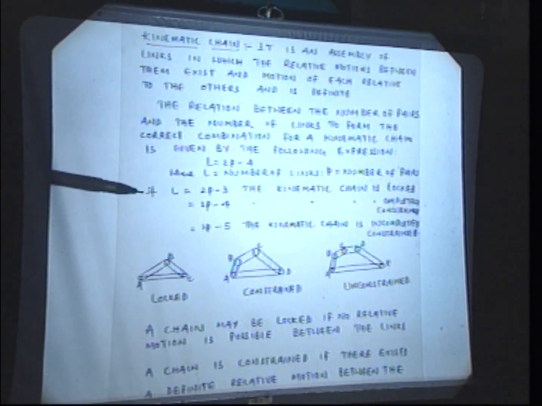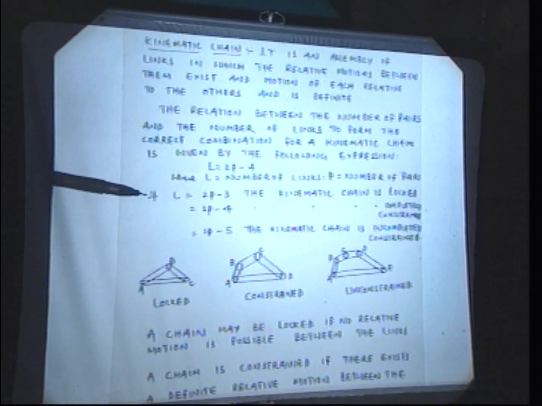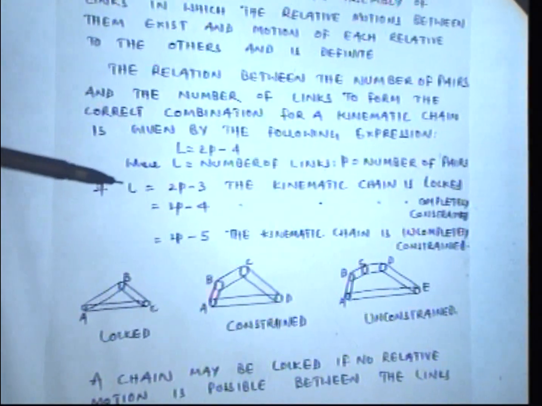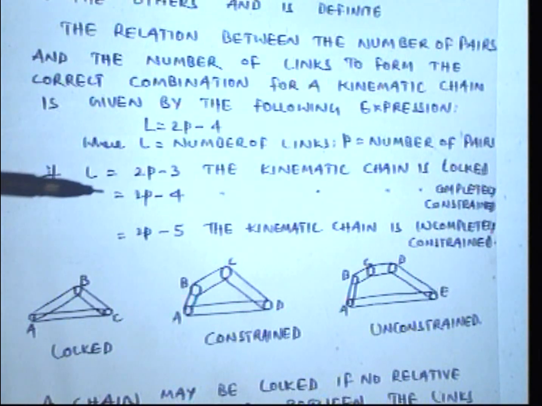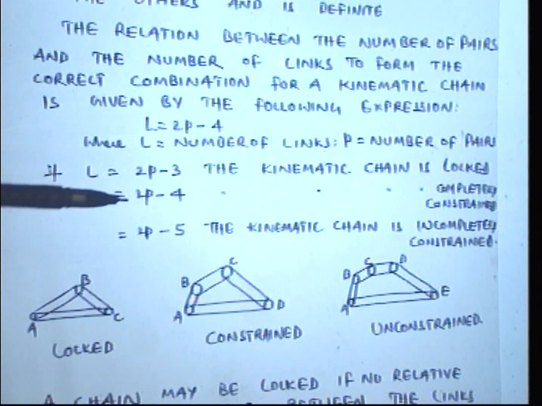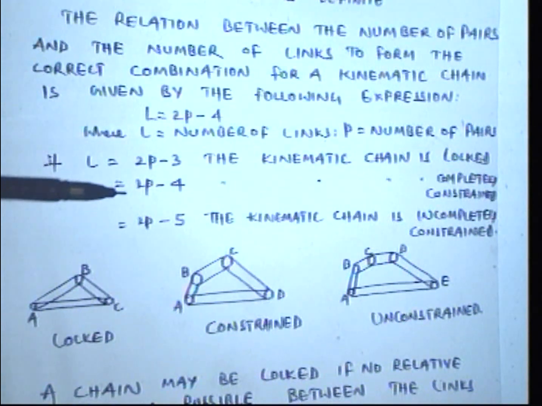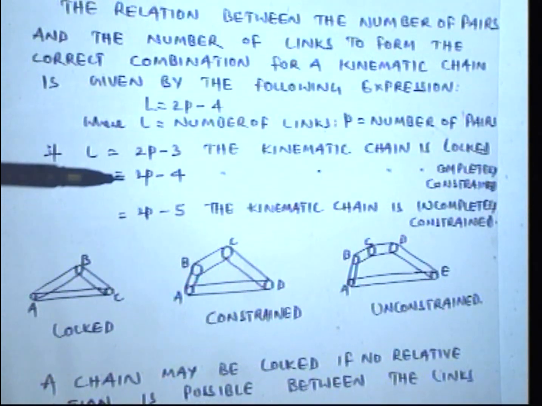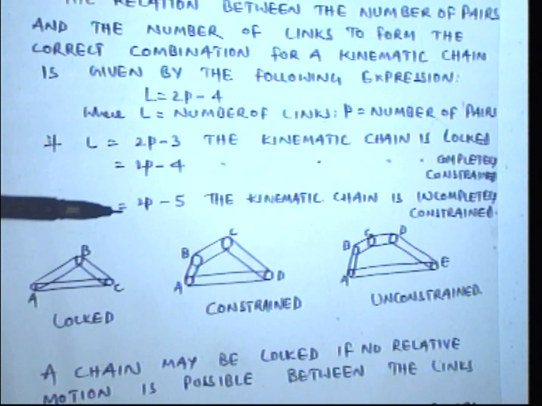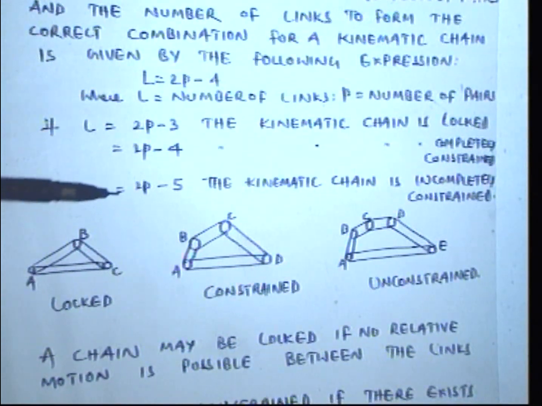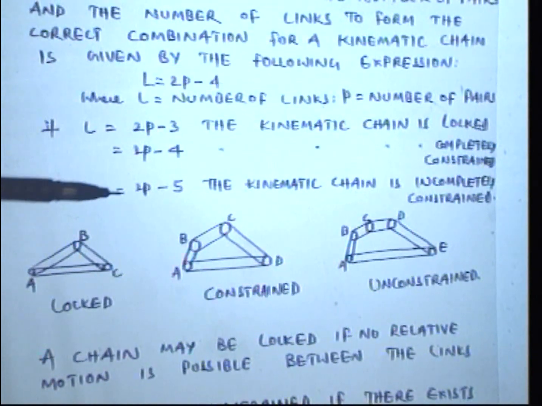If L = 2p - 3, the kinematic chain is locked, and if it is 2p - 4, then the kinematic chain is completely constrained, and if it is 2p - 5, the kinematic chain is incompletely constrained.